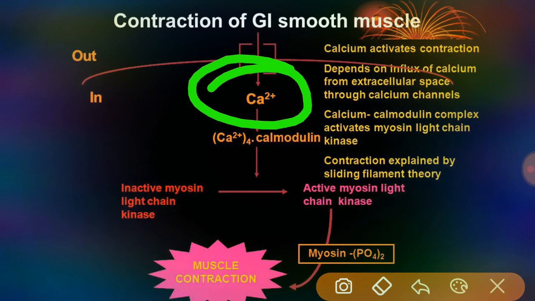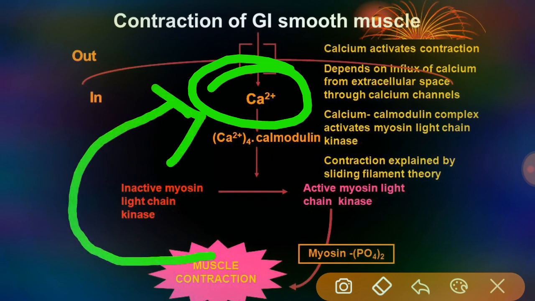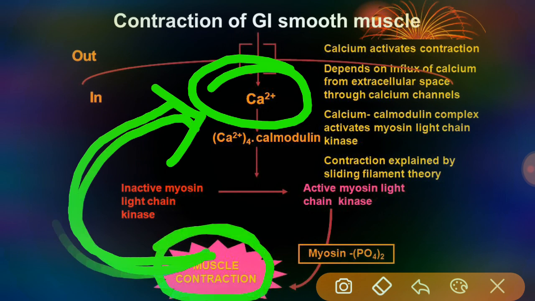If active myosin light chain kinase is present, there will be myosin phosphorylation, and with myosin phosphorylation there is automatically a muscle contraction in the GI tract. This is smooth muscle contraction taking place over the gastrointestinal tract.